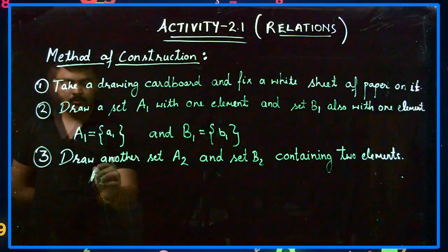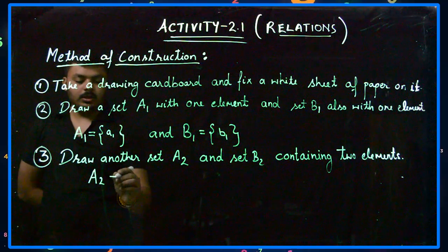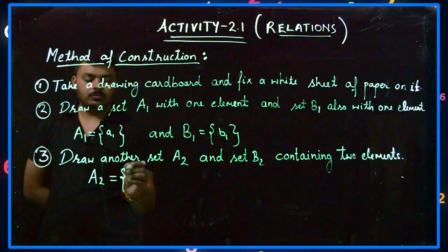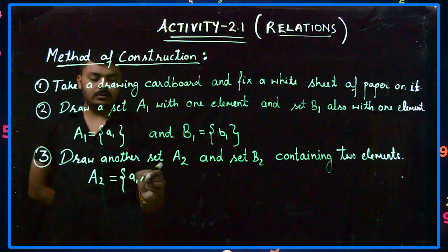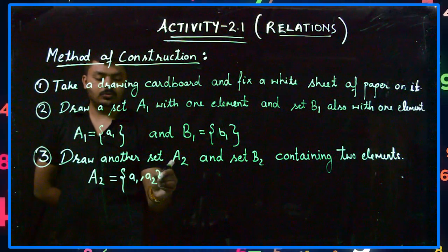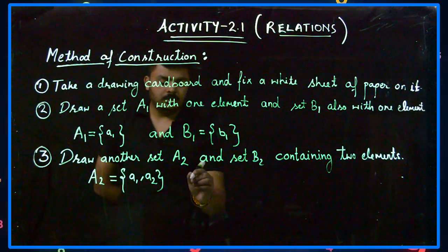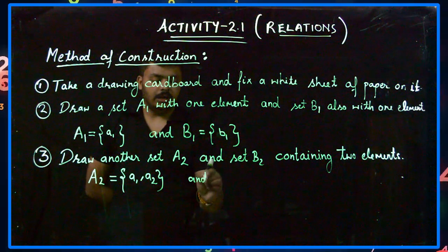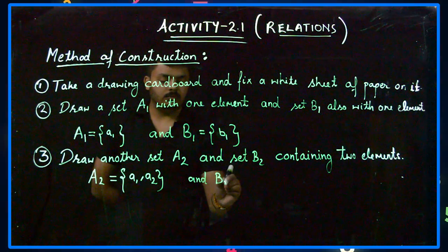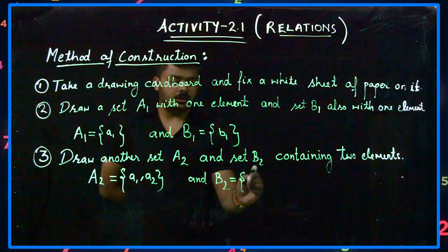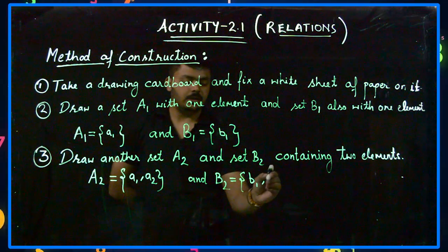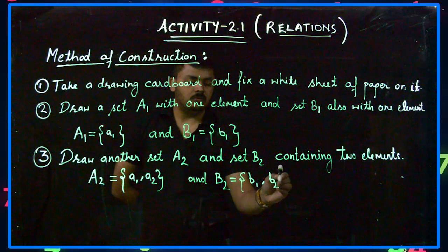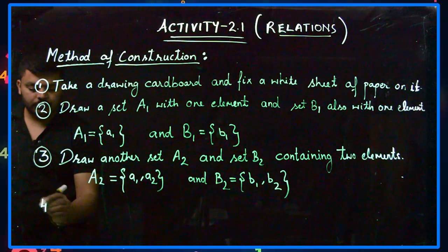That is, set A2 equals A1 and A2, two elements, and set B2 contains two elements B1 and B2. Step 4.